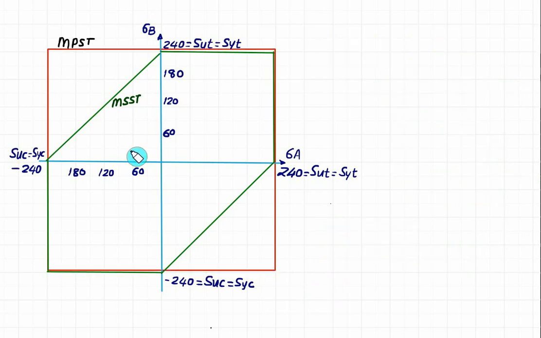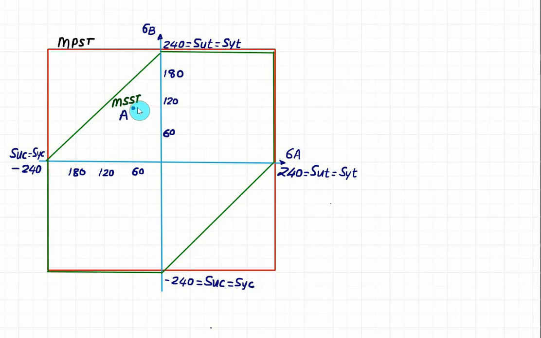This time we take the second case. We are still in the second quadrant, and we have these principal stresses. That is, at point A, we have 60 megapascal compressive and sigma B equal to 120 tensile. We will check what the factor of safety is given by MSST and MPST. So we can read this value.